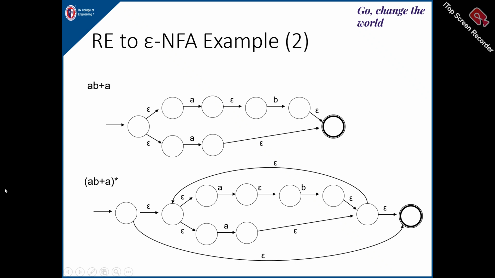And because it has to accept the empty string, from the new start state you add an epsilon transition to the final state. This is how we can construct the epsilon NFA for the regular expression. So likewise, given any regular expression, I should be able to obtain the epsilon NFA.